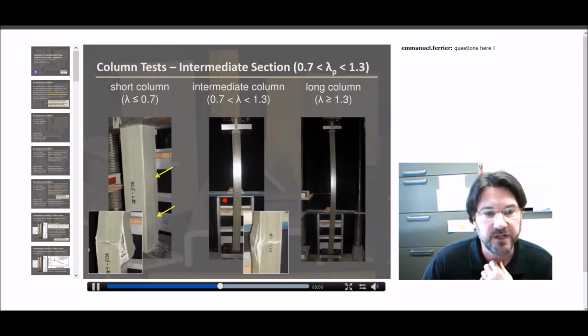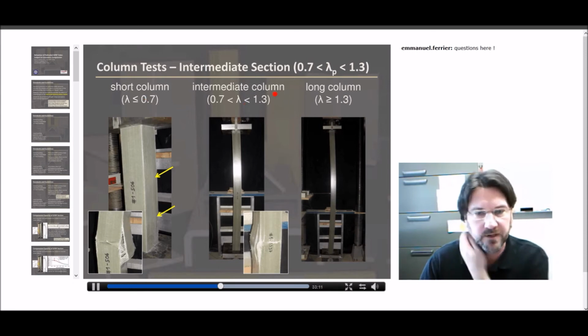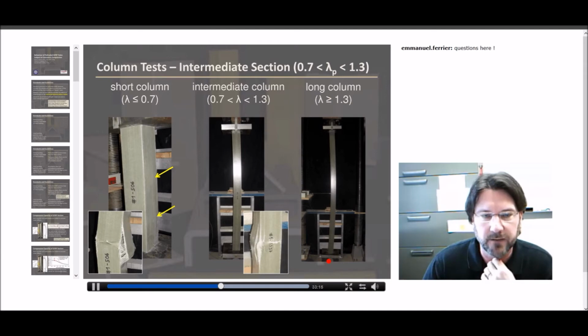As we move to intermediate sections, we start to see a progression. So again, this is an intermediate walled section, short columns on the left, long columns on the right. In the long columns, still an Euler behavior, nothing particularly surprising there. In the short columns, every time we see these little yellow arrows, we're trying to point out local buckles starting to occur.